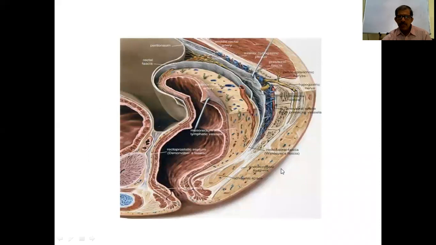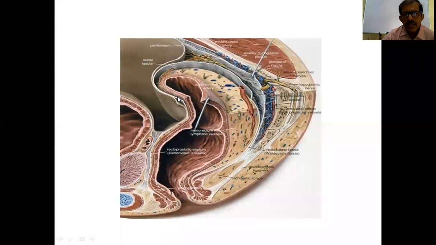These are the layers, as I told you. This is the bladder and prostate in a male, where you can see that this fascia is there. You should not go between the rectum and this fascia. This whole fascia should be removed so that you are oncologically complete.